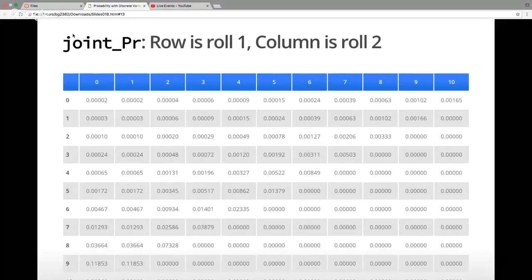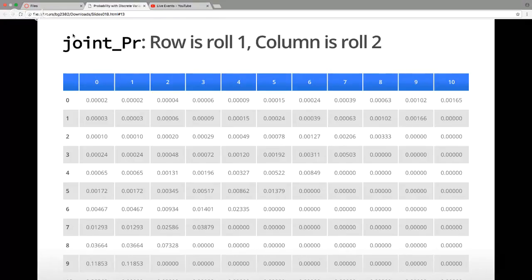Okay, so this is the 11 by 11 table that we constructed a couple slides ago. Every element on the interior of the table is the probability of knocking down, let's say, 3 pins on your first roll and 3 pins on your second roll. That's going to correspond to the intersection of 3 and 3, except we start counting at 0.